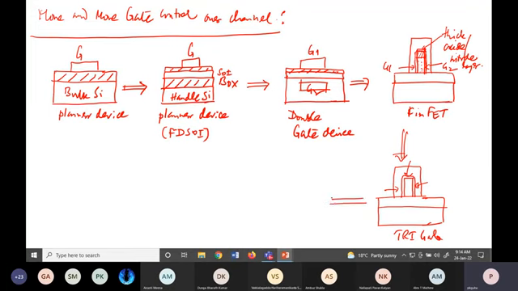We can increase this gate a little bit further. What I mean is, this is my fin, and I am extending the gate a little bit lower than that of the fin. We call it the pi gate structure.